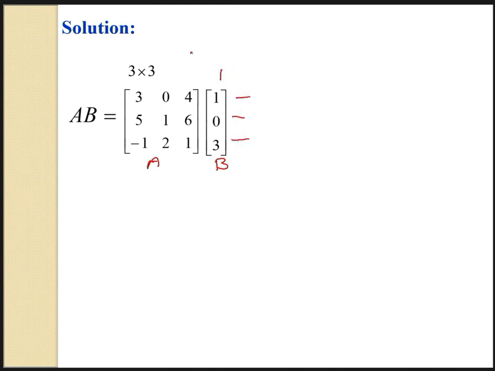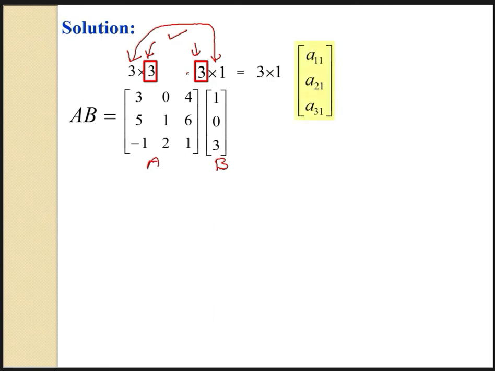So can we multiply these two matrices? Remember to check the number of columns of the first matrix against the rows of the second matrix. If they are the same, that means we can multiply the matrices, and the resulting matrix will be 3 by 1. 3 by 1 looks like this, which means we have 3 rows and 1 column.